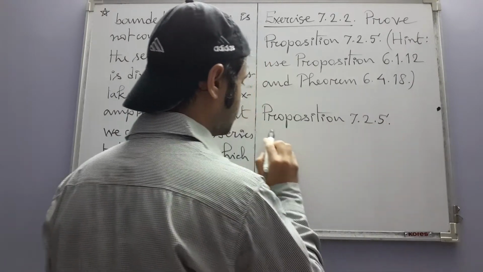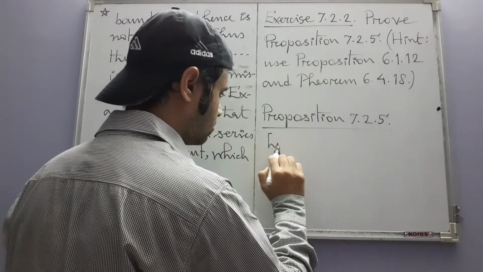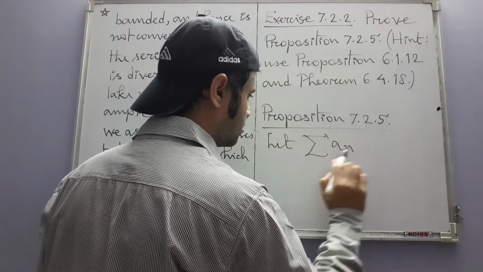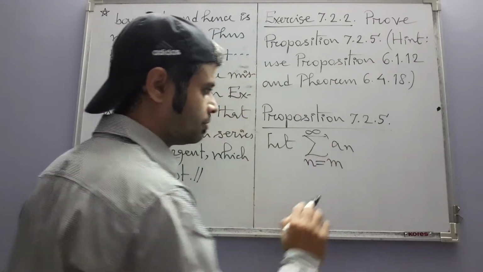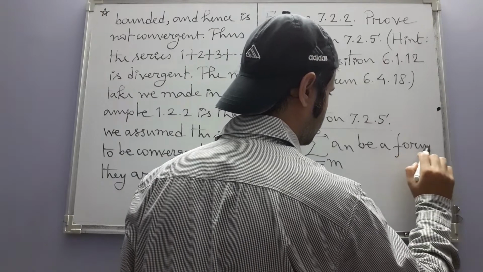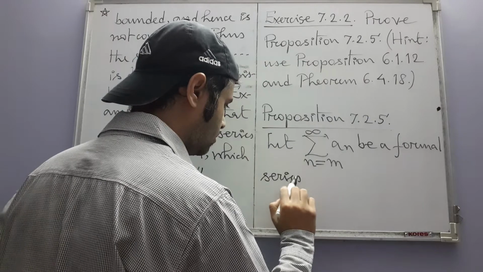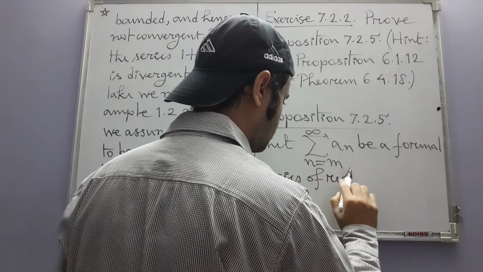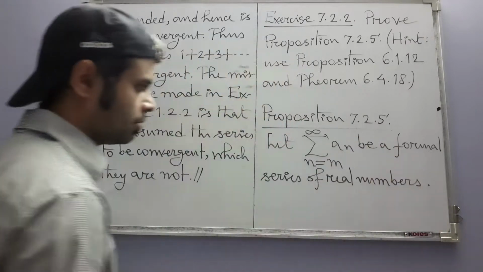So we first recall the statement. Let the summation of an, where n varies from m to infinity, be a formal infinite series of real numbers.